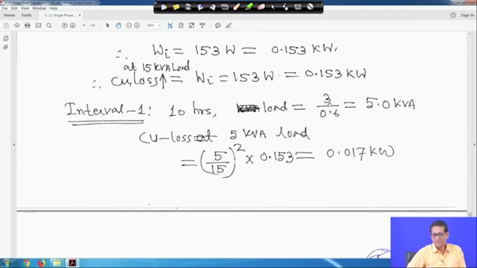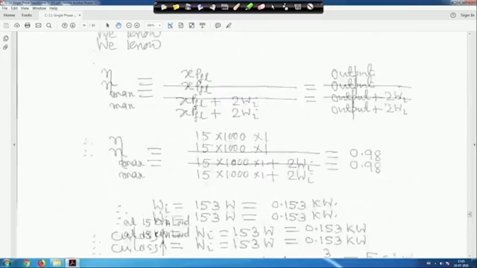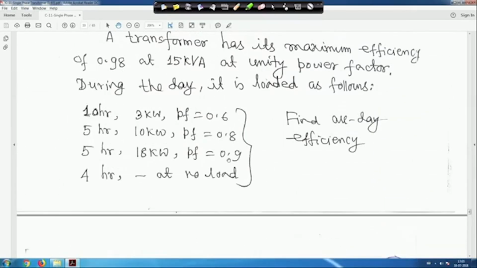At that time, kilowatt divided by power factor will give you kVA. Similarly, the energy loss will be 0.017 into 10, so that is 0.17 kilowatt hour. This is the energy loss. Similarly, 3 kilowatt, power factor is given, 10 hours. The load was 3 kilowatt, so we converted it to kVA, and the loss depends on the square of the load.